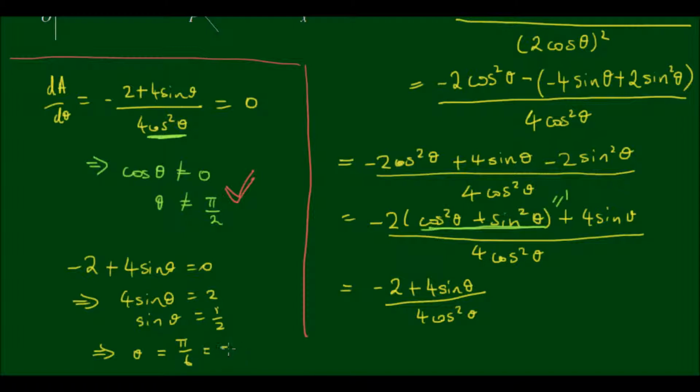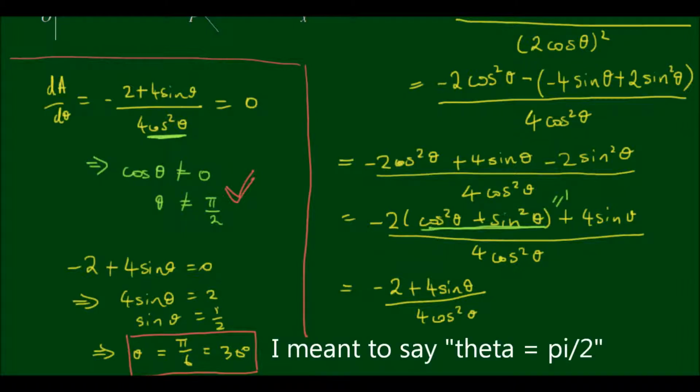Or if you like it in degrees, it equals 30 degrees. Okay, so this is the only value that is a stationary point in the range from theta equals 0 to theta equals pi.